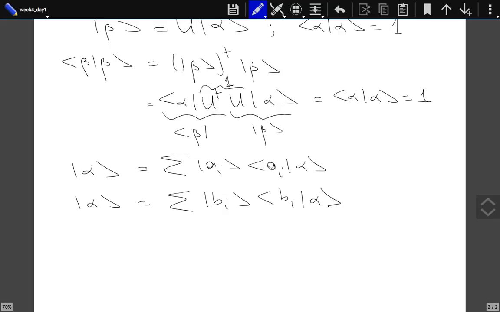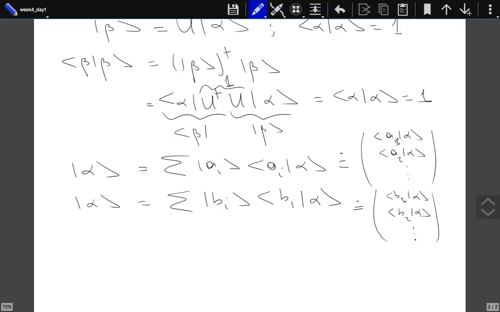So then we said that we can show it as alpha A1, alpha A2, etc., or alpha B1, alpha B2, etc.